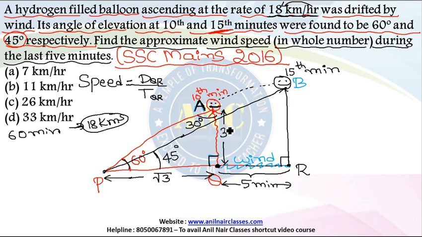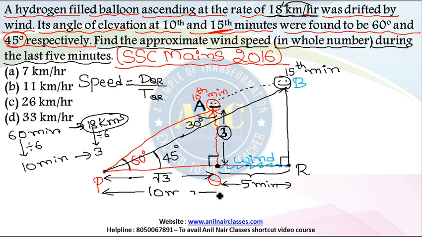It is only 3 kilometers. That means 18 should become 3, divided by 6. 60 also divided by 6, 60 divided by 6 is 10 minutes. That means the time taken from Q to A is nothing but 10 minutes.